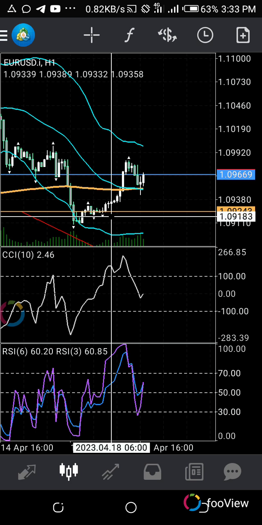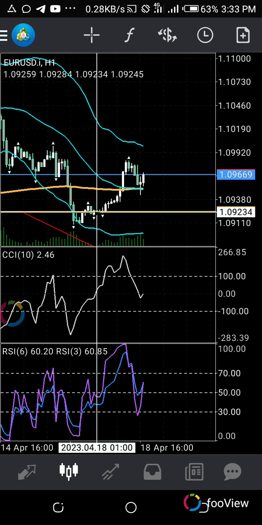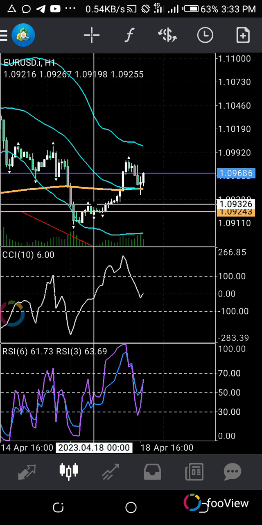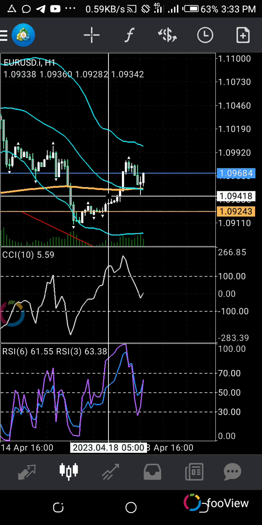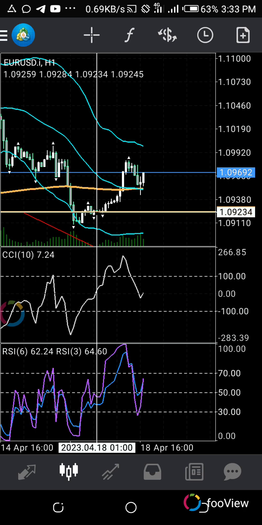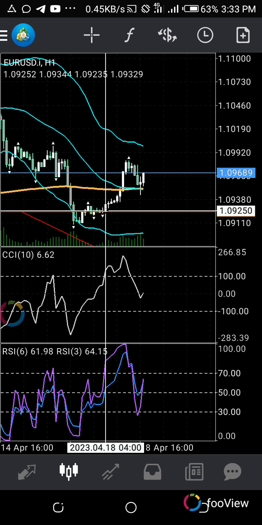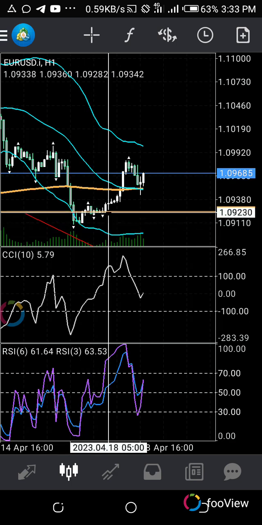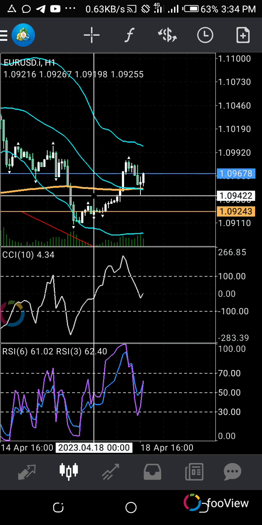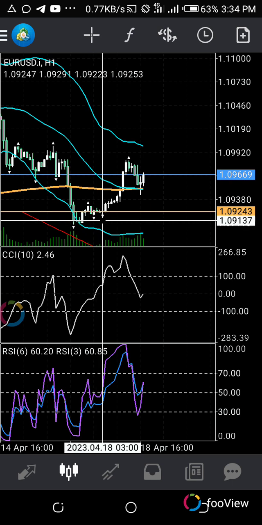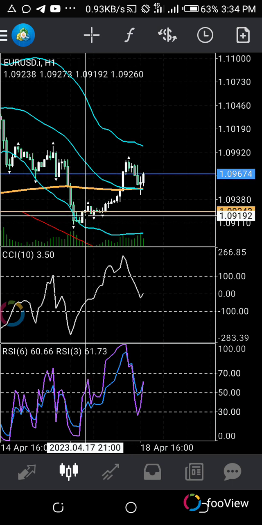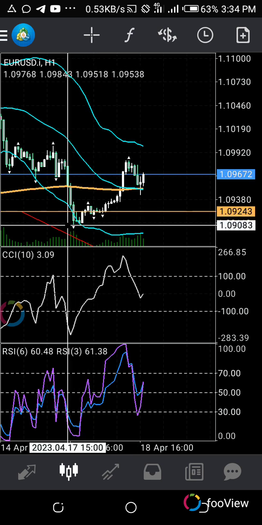We have a bullish candle that went up again and closed above the line. Now we have a bearish candle that is not very clear. We have a bullish candle. Now in this case, we have a fractal above, we have a fractal below. Do you understand it? Now generally this is what it means.